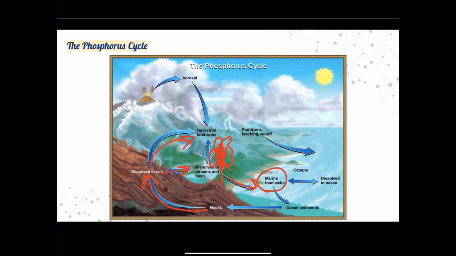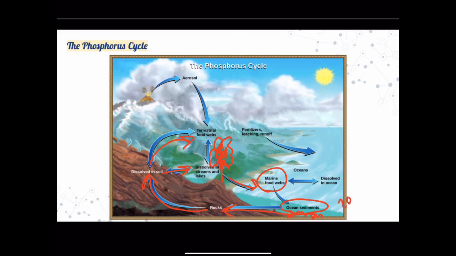Eventually, if it doesn't get taken up by aquatic organisms, or once those organisms die, those organisms' bodies will go down to the ocean floor, turn into rock, and as y'all know, the tectonic plates of our Earth move. So what was once the ocean floor is eventually going to move to land. Again, that's where this process takes a long time.